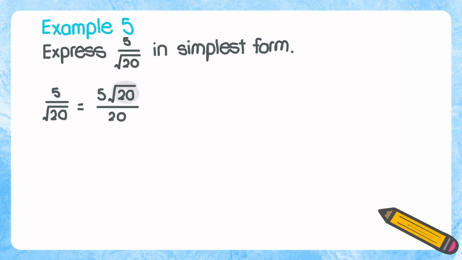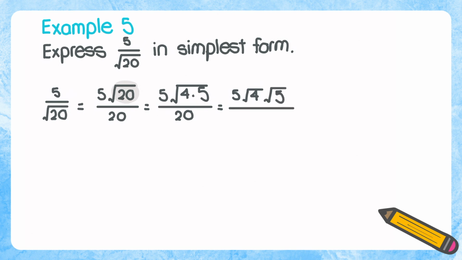But I'm not done yet because the square root of 20 can be further simplified. So I'm going to rewrite it as 5 times the square root of 4 times 5, still over 20. And let's split up this radical part. 5 times the square root of 4 times the square root of 5 over 20.